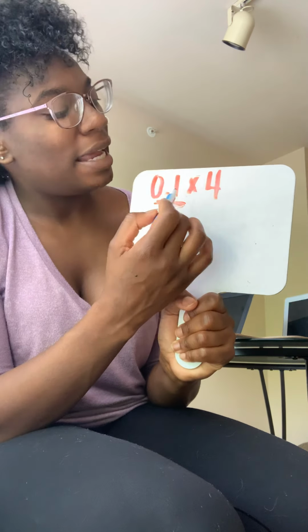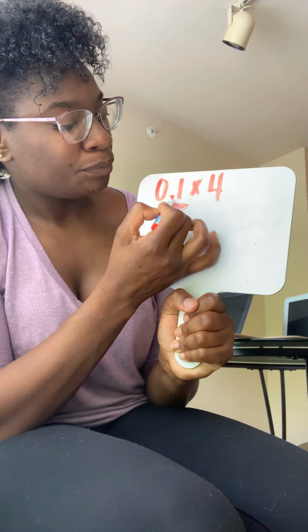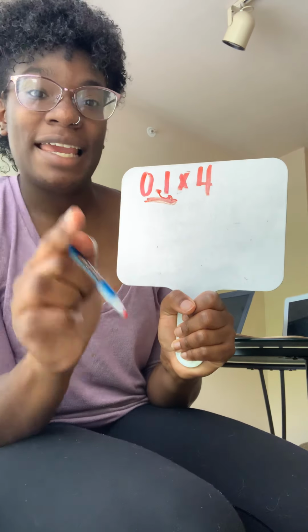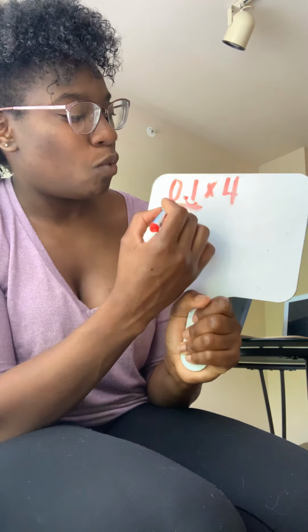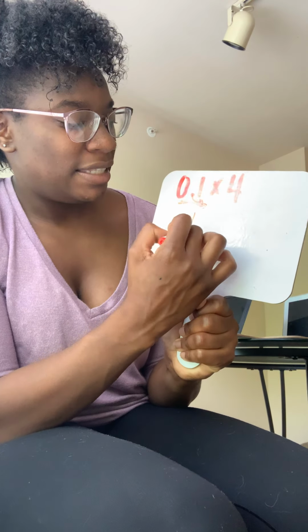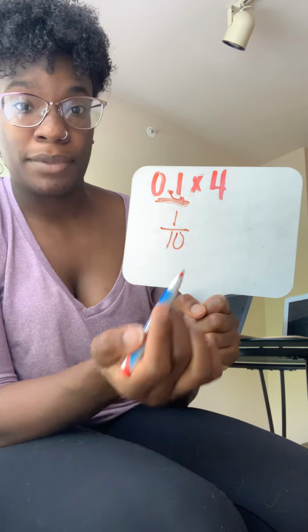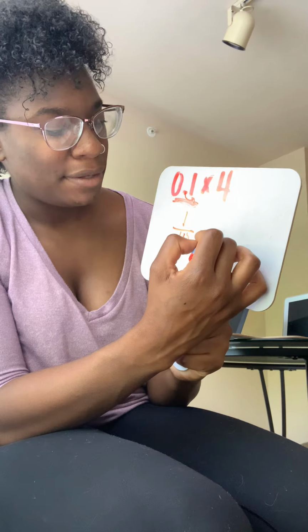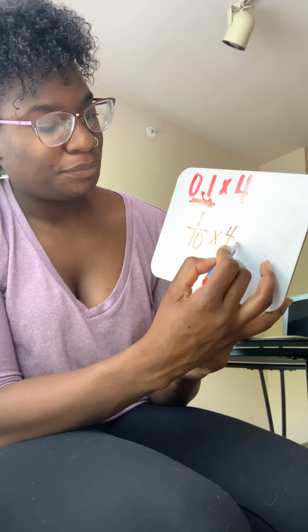We already stated that 1 place value position over is the tenths place. So we know that this is 1/10. All right, and we've got to multiply that by 4.